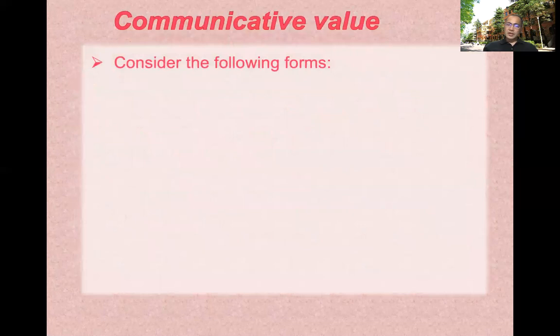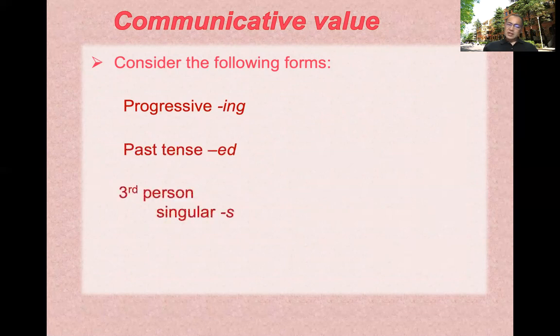So consider these forms: progressive ing, past tense ed, and third person singular s again. What do you think? Which one do you think has greater communicative value, lesser communicative value? In terms of inherent semantic value for progressive ing, what meaning does it contribute to communication? It's ongoing, right?